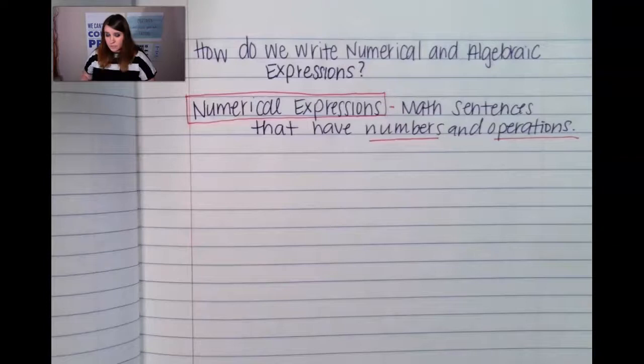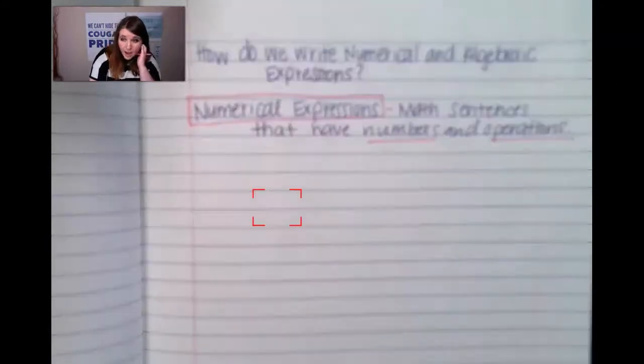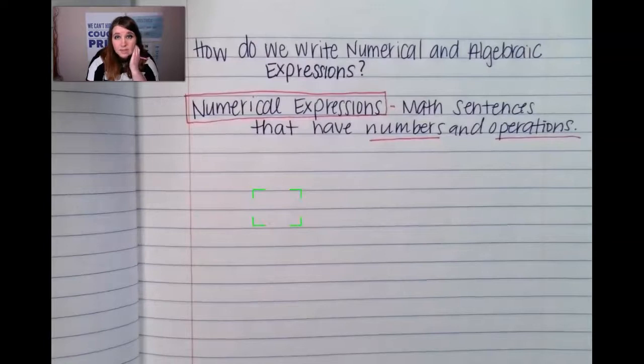Okay, so a couple of things. So numerical expressions are your normal everyday expressions that you have been solving. Right? Those normal everyday math problems that you are used to solving.